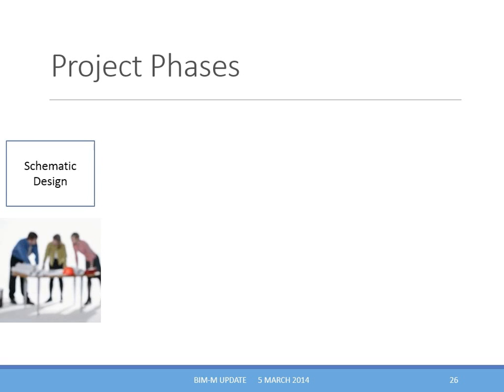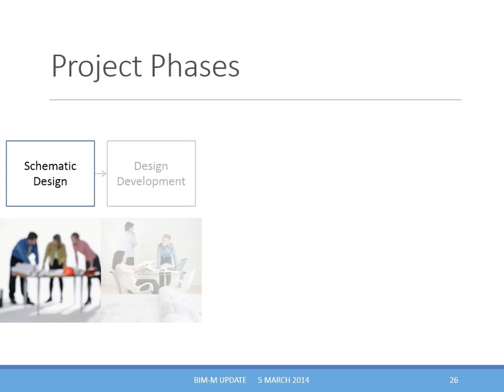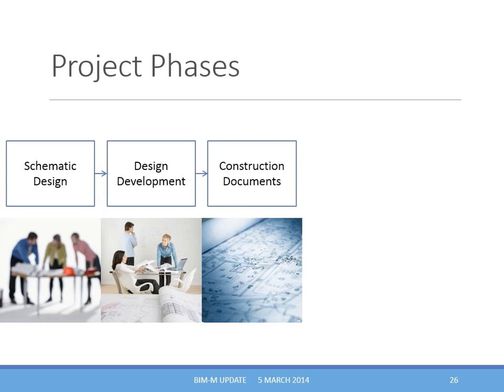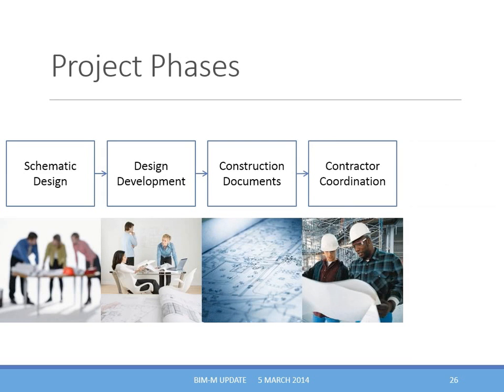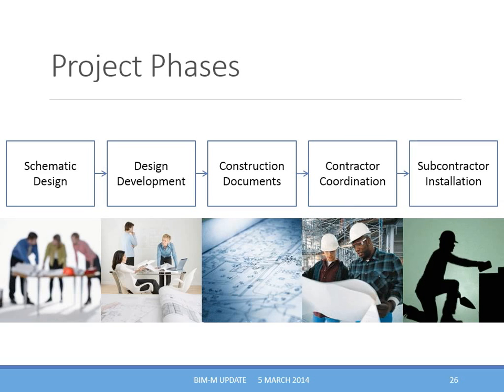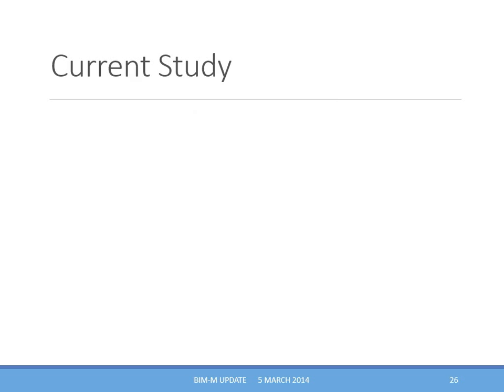And so you then start to ask yourself, once you figure that out, okay, well, what design phase are we talking about? Are we talking about using BIM in schematic design or in design development, construction documents, contractor coordination, or the last phase, subcontractor installation?